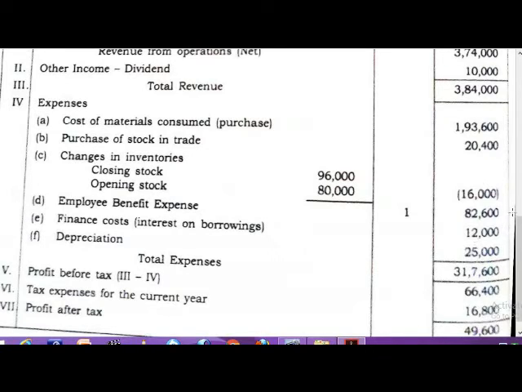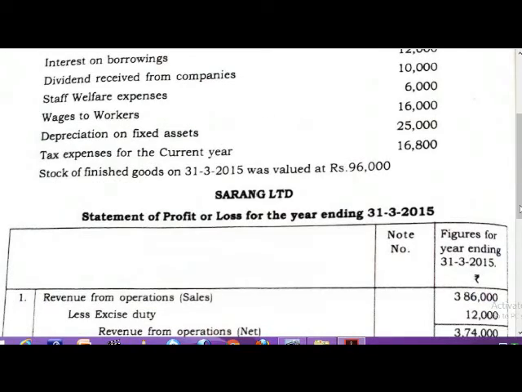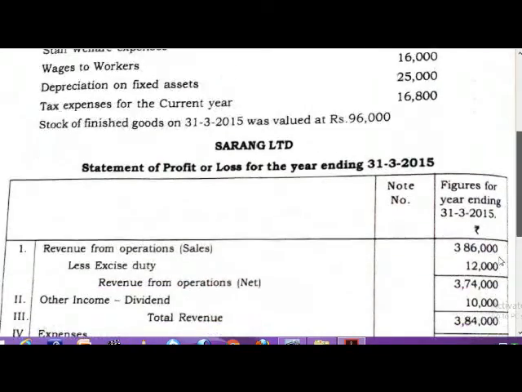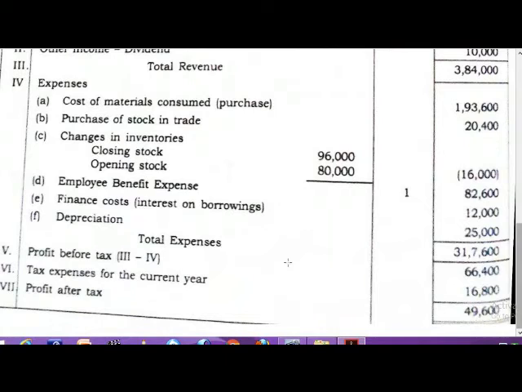That is total revenue minus total expenses. Then we get 66,400. The total revenue minus total expenses gives us 66,400 profit before tax.